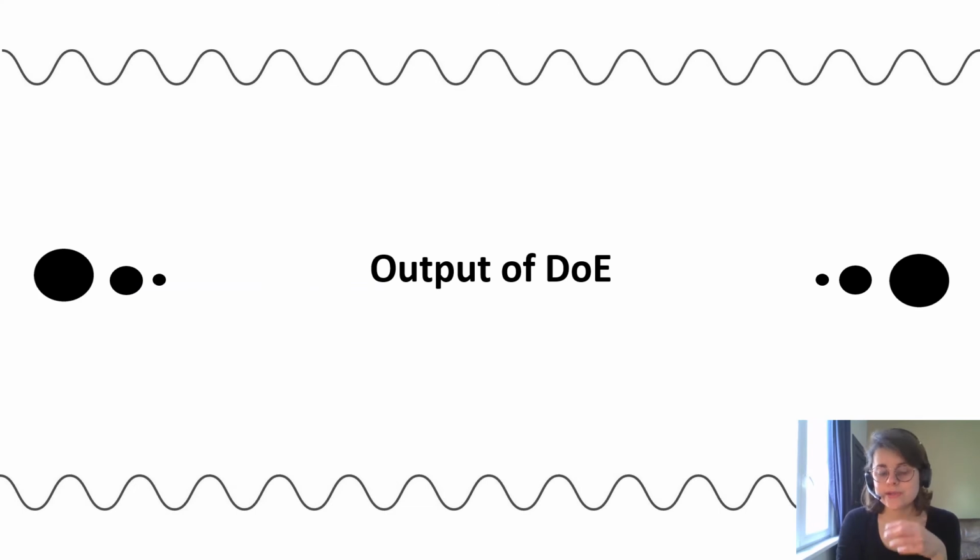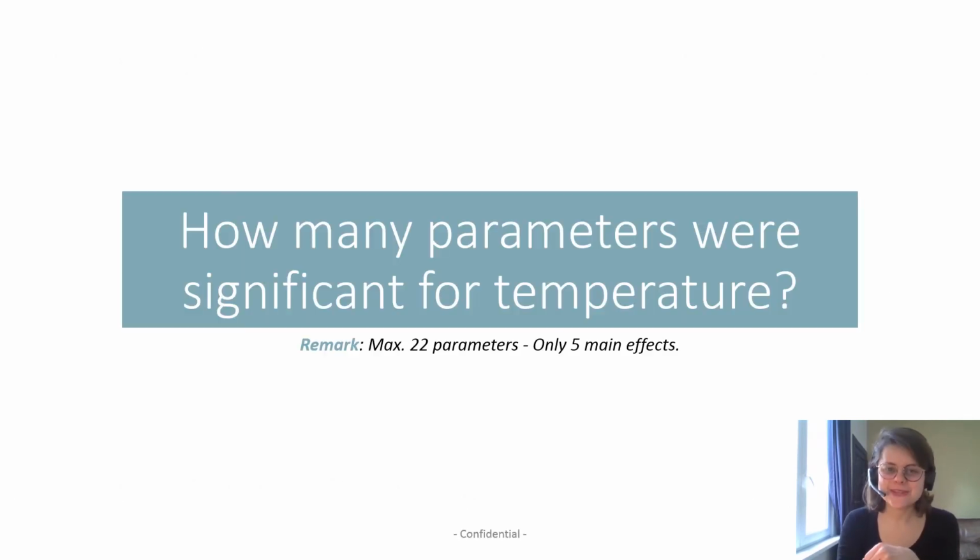So what was the output of the DOE? Of course, it is a very broad analysis that we did, but we want to give you some key conclusions that we made. First of all, I want to raise a question. How many parameters do you think were statistically significant for temperature? I'll give you 1 second to think.